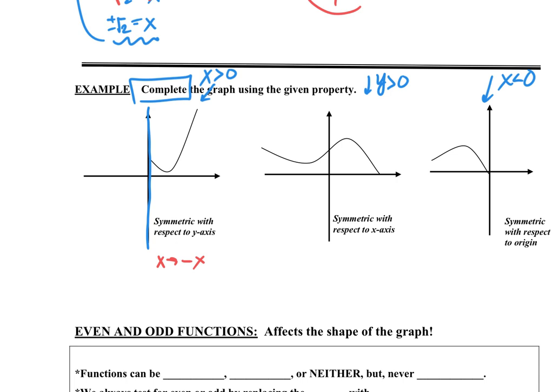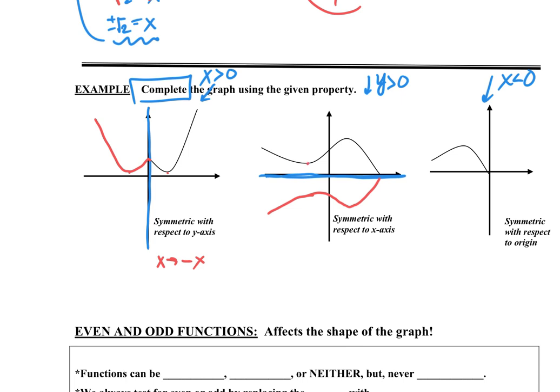Well, remember, if it's symmetric with respect to the y-axis, that's sort of my mirror, and I'm changing all my x's to be negative, right? My x goes to negative x. So any one of these points are going to be like opposite. It looks like this. That would be folded over that y-axis and be symmetrical. Okay, in the second one, symmetric with respect to the x-axis. So here's my x-axis, and again, I'd be folding it over there, kind of changing what my y values are, and this is going to look kind of like that.